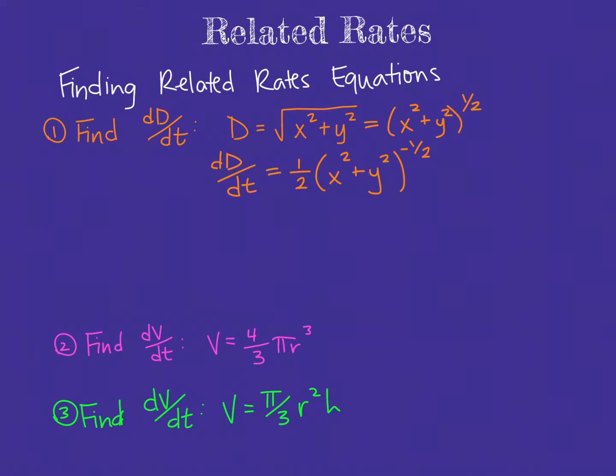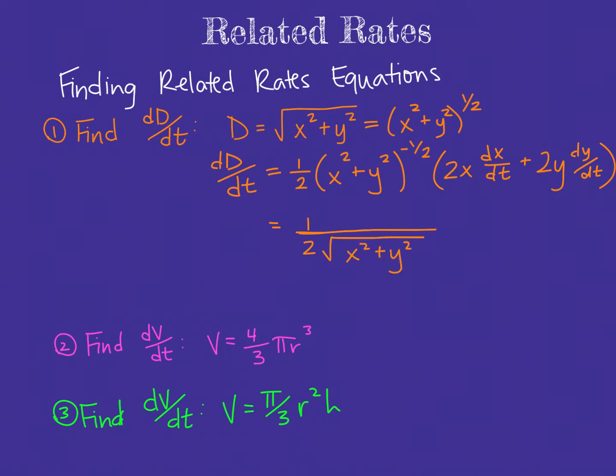The derivative of x squared with respect to time is 2x times dx/dt, using the chain rule, plus, in a similar way, 2y times dy/dt. Cleaning this up a little bit more, if you'd like, the 1/2 will go out front still, and this is actually going to be a fraction. In our denominator is the square root of x squared plus y squared.